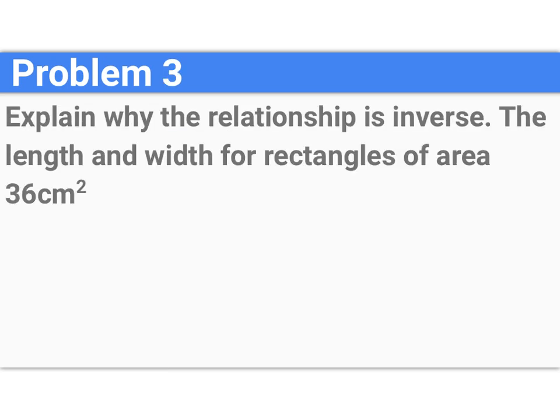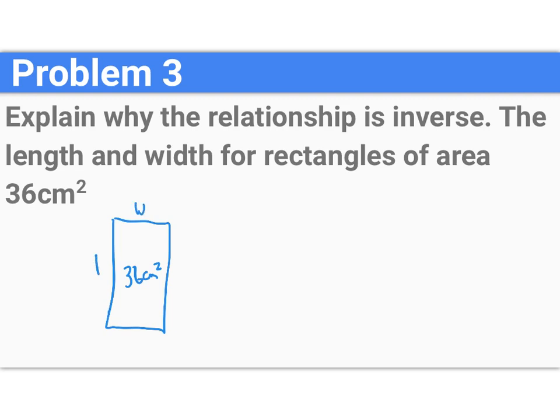Okay, explain why the relationship is inverse. The length and width for rectangles of an area is 36 square centimeters. All right, so let's draw a rectangle, and the area inside is 36 centimeters squared. Let's call this the length and this the width.